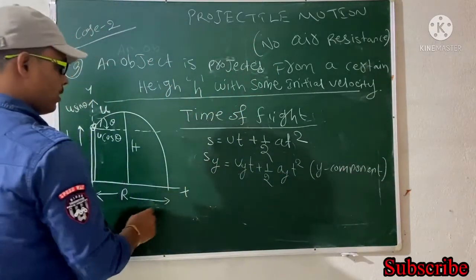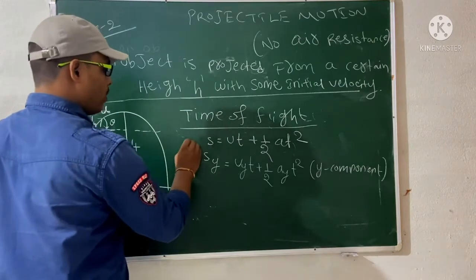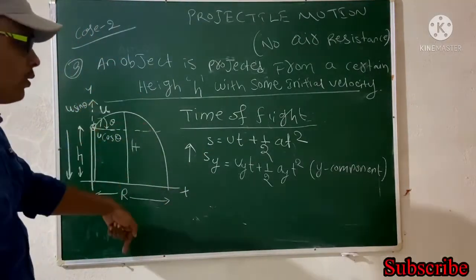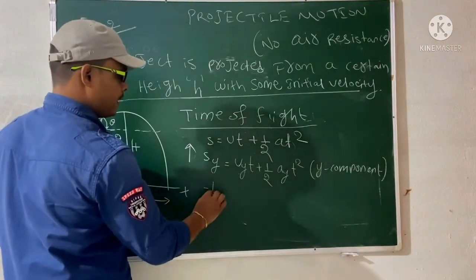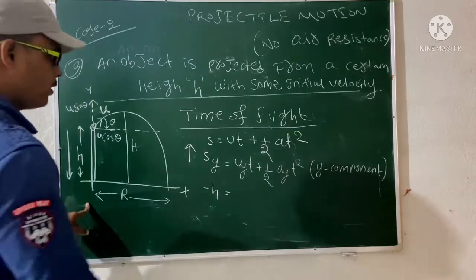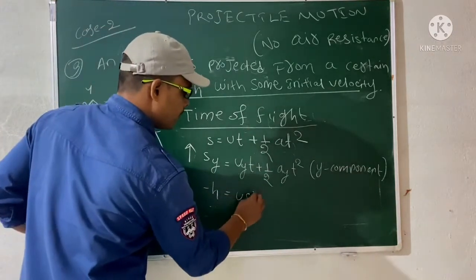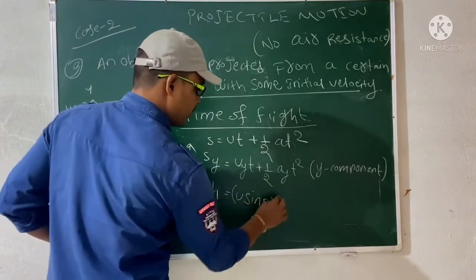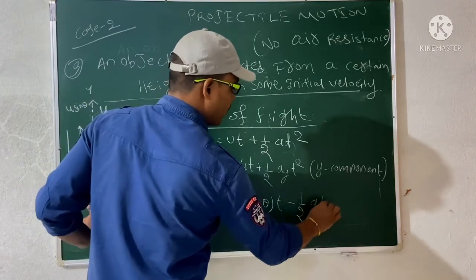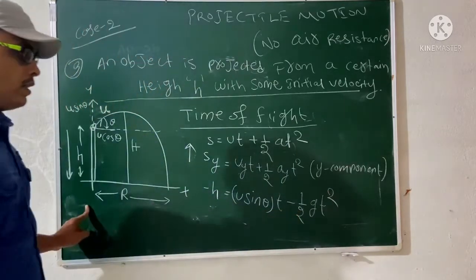Remember that it is moving upward, then downward, so the displacement will be minus h, and the initial y component is u sin theta. So this is nothing but u sin theta into t, minus half g t square. This is moving upward, so I have taken a as minus g.